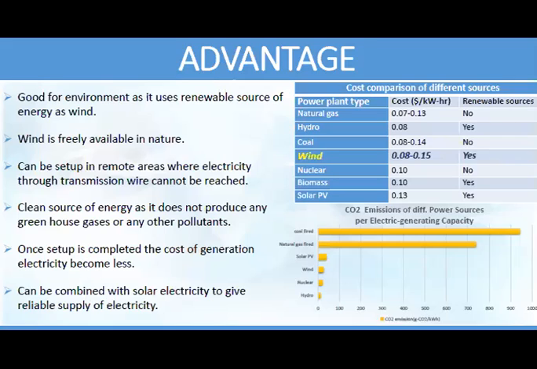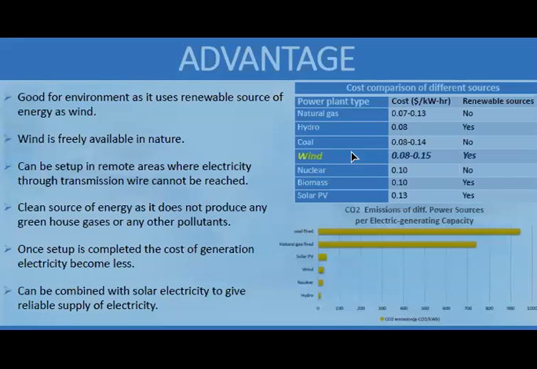And for the comparison of costs of different sources by power plant type, this table shows the comparison. For natural gas, the cost per kilowatt hour in dollars is 0.07 to 0.13.